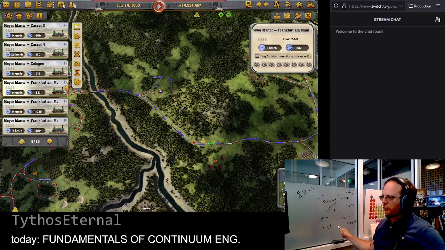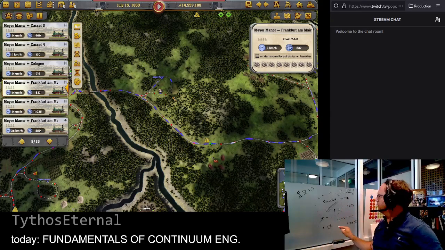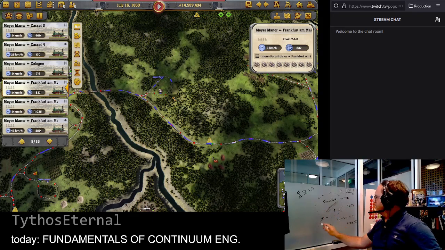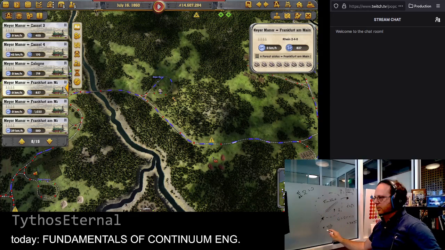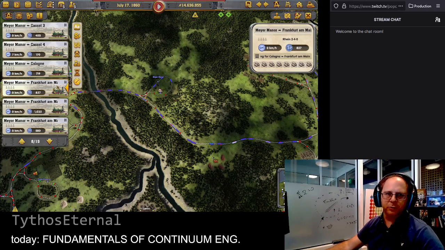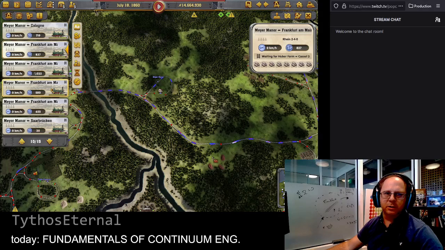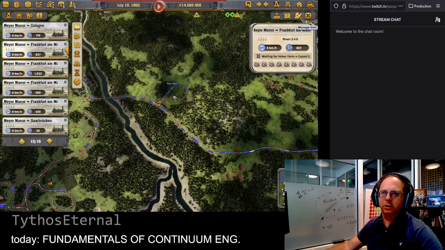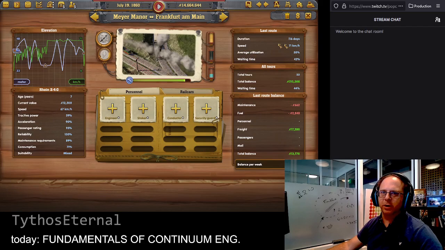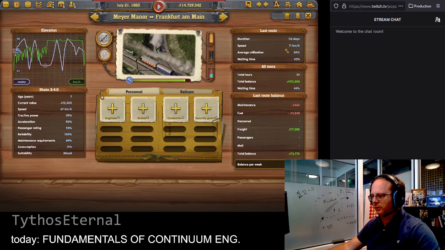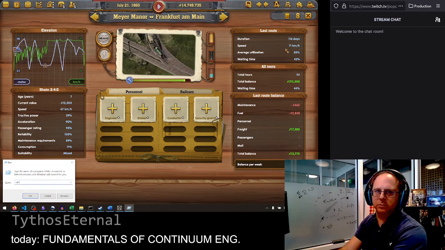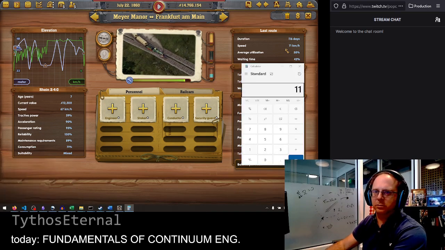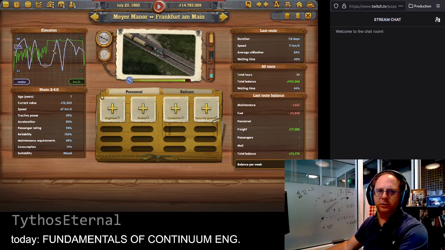So the question becomes effectively one of velocity, that is, how long does it take each train to get there, and how many trains are there, right, to perform one cycle. So in this case we have 4, and it will tell us what the round trip duration, 116 days. That's 16.5 weeks for that one.